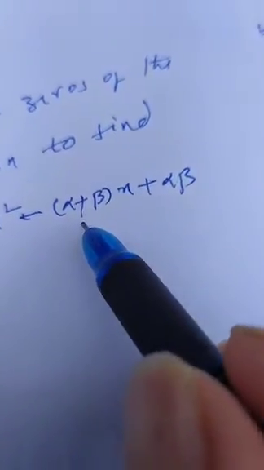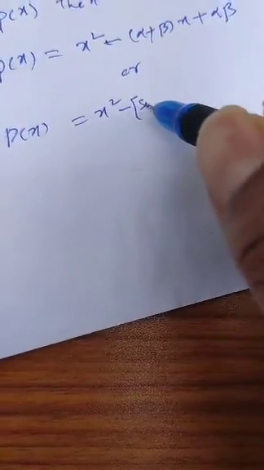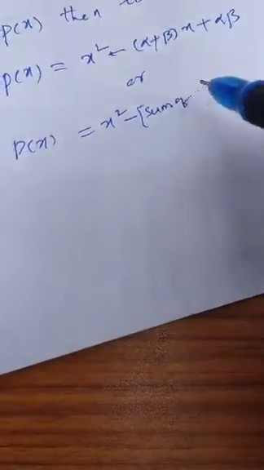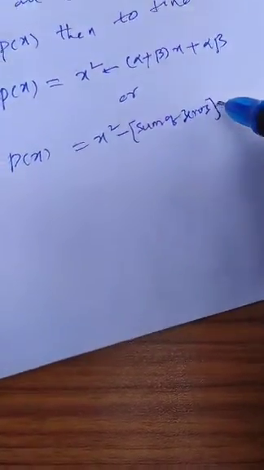Here alpha plus beta means the sum of the zeros, alpha into beta is the product of the zeros. Or you can write the formula like this: p of x is equal to x square minus sum of zeros into x plus product of zeros.